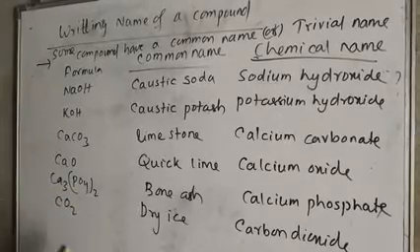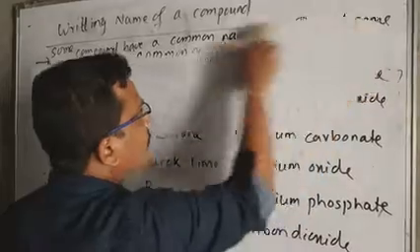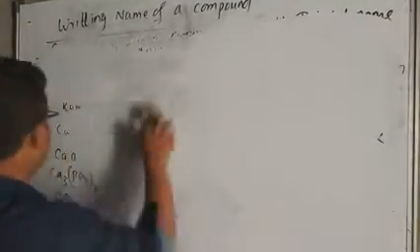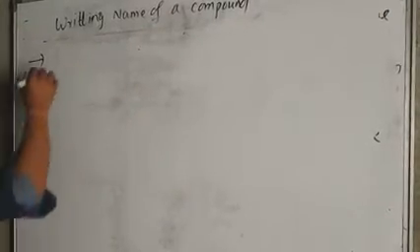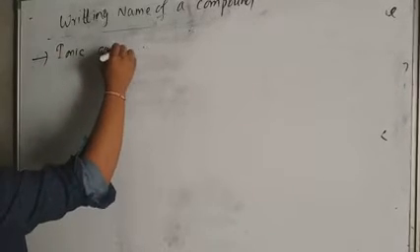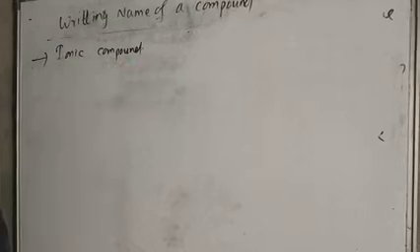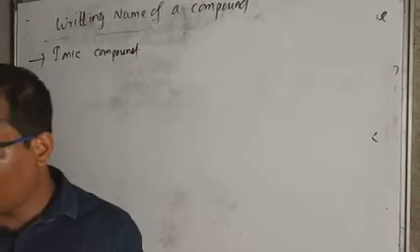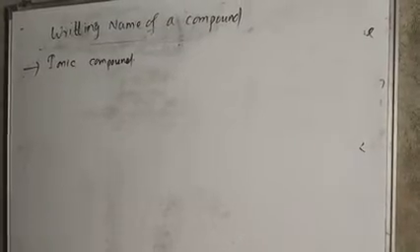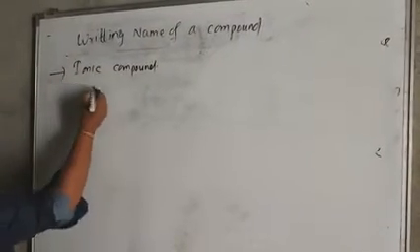Second point, in ionic compounds. The compound which is made by an ionic bond is called an ionic compound. In an ionic compound there are two parts.